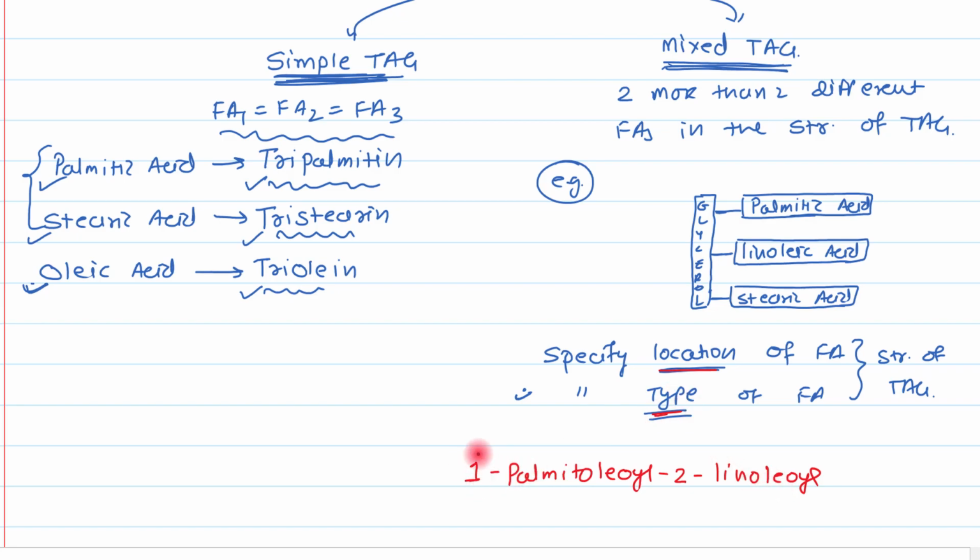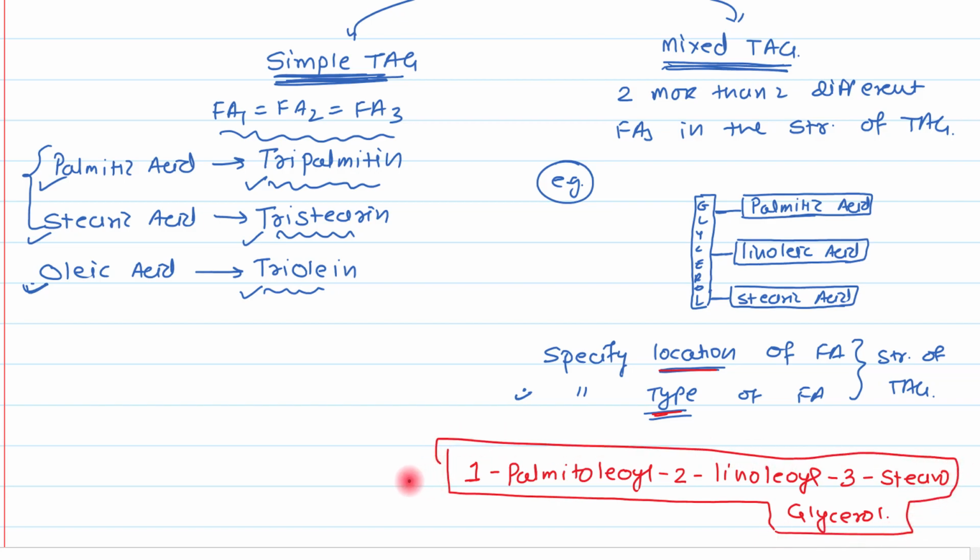Remember, I am specifying position as well as name of the fatty acid. On the third carbon we have stearic acid, so I write stearoyl, and then we have glycerol: stearoylglycerol. So this is the name of our example, which is of the mixed variety. Similarly you can name any mixed triacylglycerol if you give its type as well as location of fatty acids.